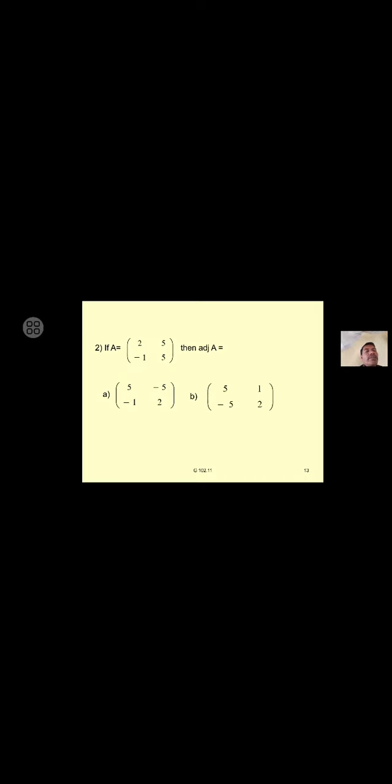Option B is 5, 1, minus 5, 2. So D is 5, minus B is minus 5, and D minus B minus C is actually 1. But in option A it is showing minus 1, and it is actually 1.